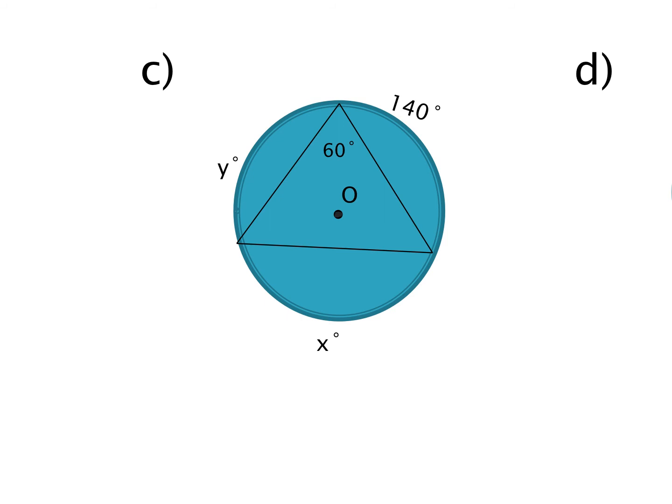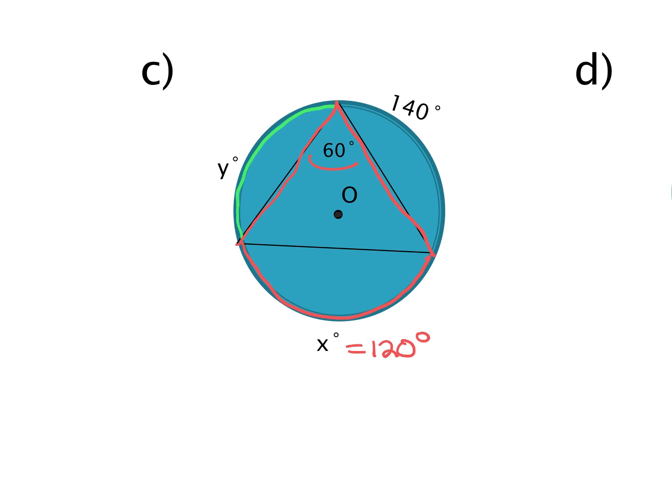They want us, X is the arc here, and Y is for this arc over here. So the first thing I can find is X, because its inscribed angle is the 60 degrees. So the intercepted arc would be x, and that would be 120.